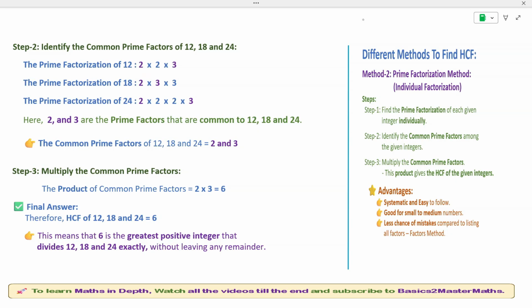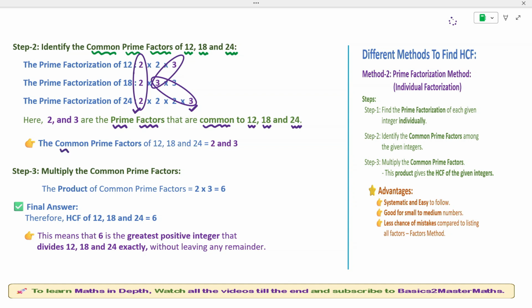Step 2. Identify the common prime factors of 12, 18 and 24. Observe here 2 and 3 are the prime factors that are common to 12, 18 and 24.